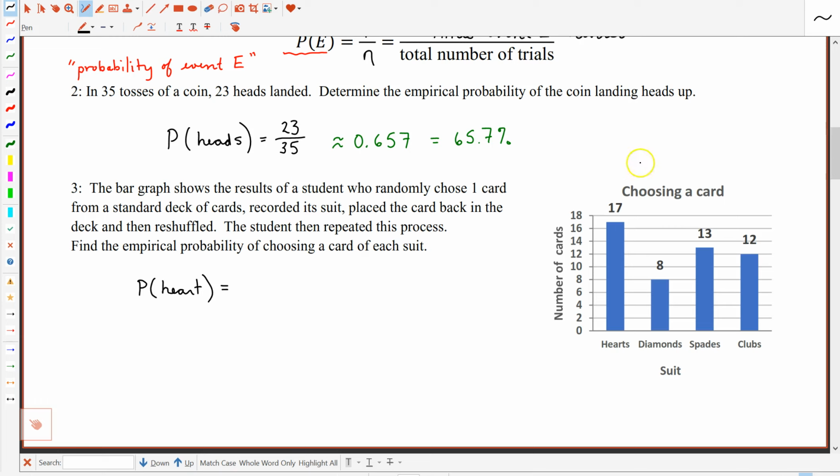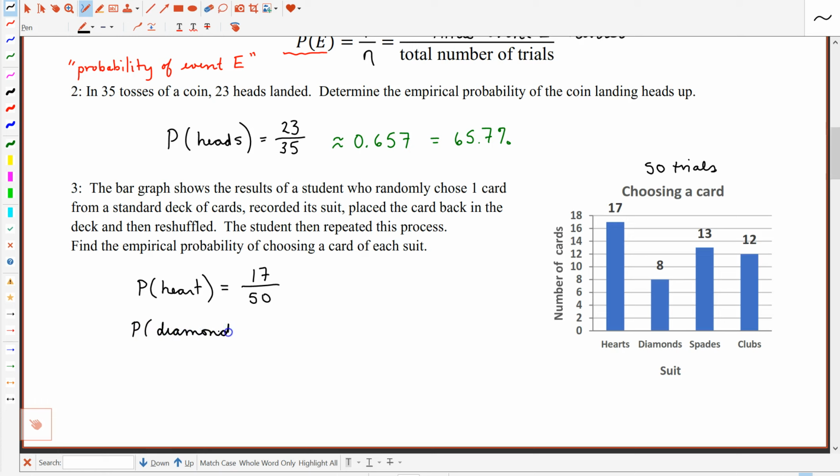Okay, so there are going to be 50 trials of this experiment that was run. How many times the experiment was run is in the denominator of the fraction, and then the numerator will be how many times this particular event occurred. So hearts occurred 17 times. And then this fraction cannot be simplified, so I'm just going to leave it like that.